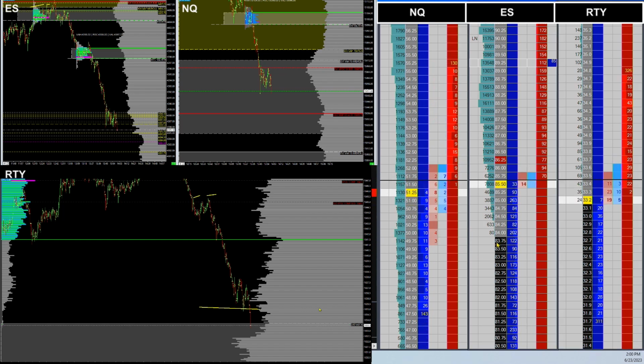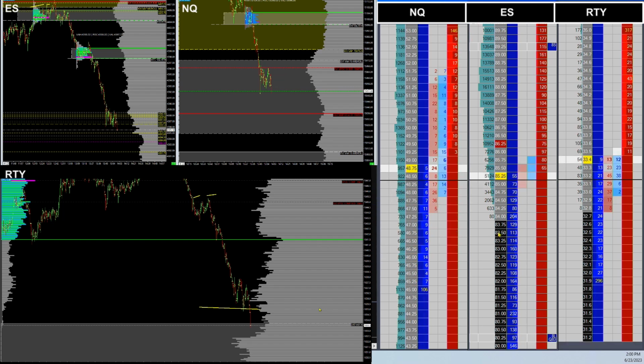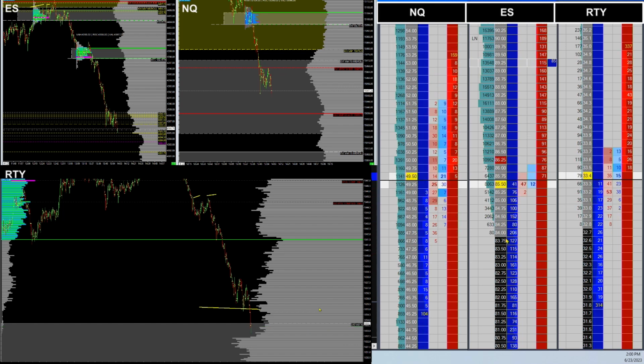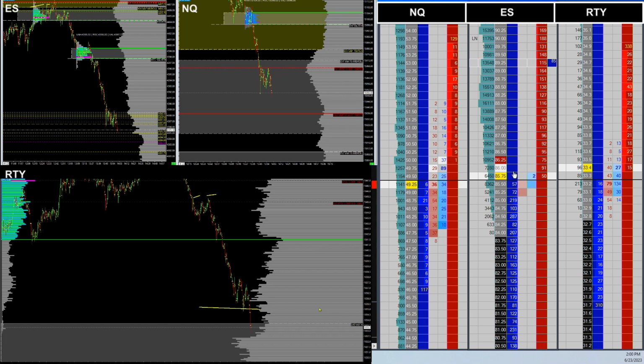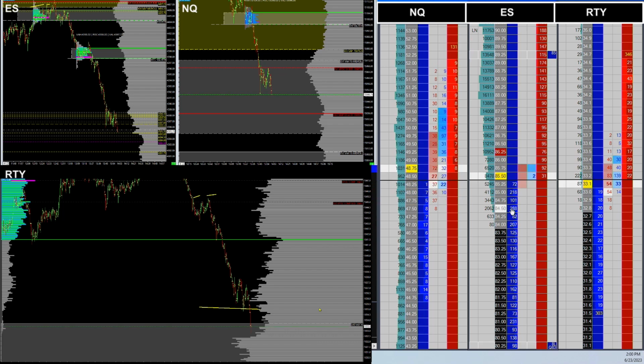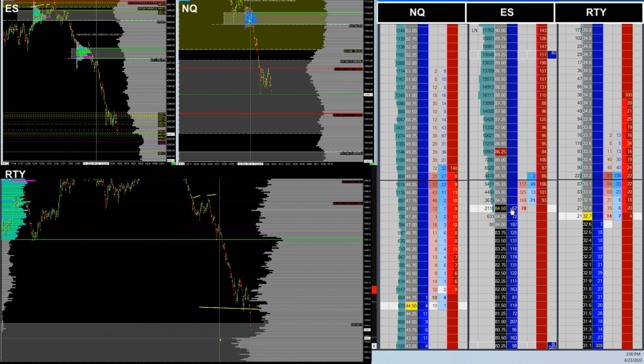Pay attention. Come on, baby. Shit. Come on, just a little further down. Just a little further down.